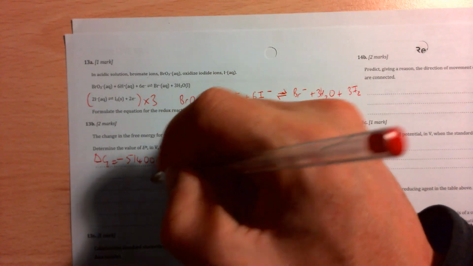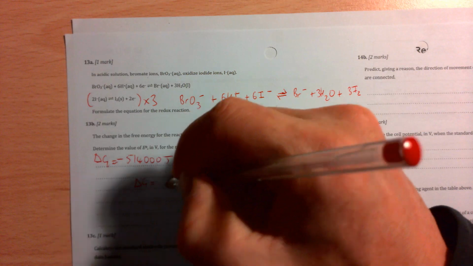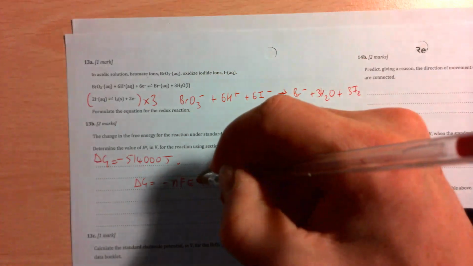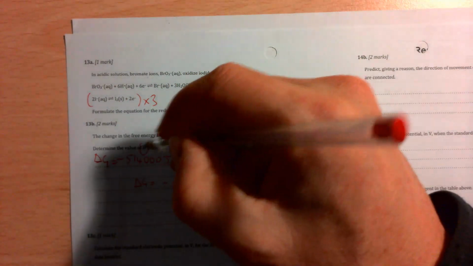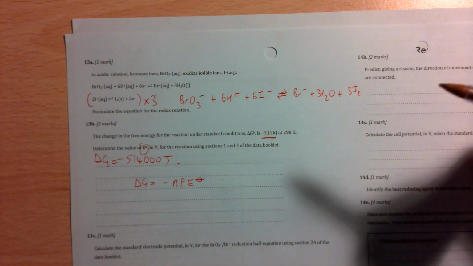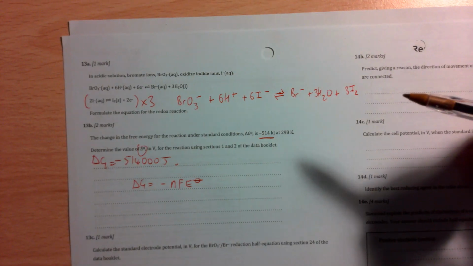And the equation we're going to use is delta G equals minus nFE. When it's been asked to work out the value for E standard, I personally would be inclined to rearrange at this point. If you prefer, you can plug the numbers in and rearrange afterwards.